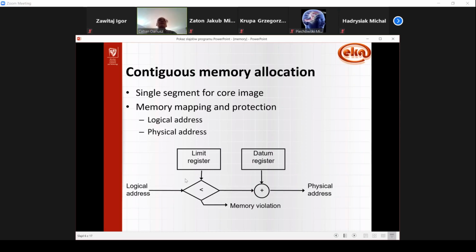Okay, so if the logical address fits into the memory that you are allocated, then the processor uses the datum register and adds the logical address, and this new address is used to access physical memory. That means the computer bus is used to load from memory, to access that memory.